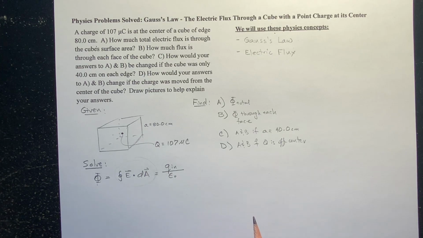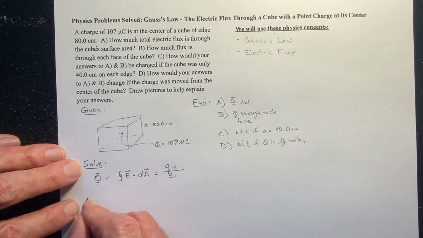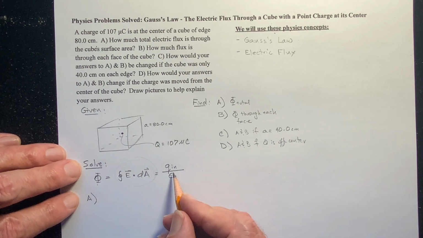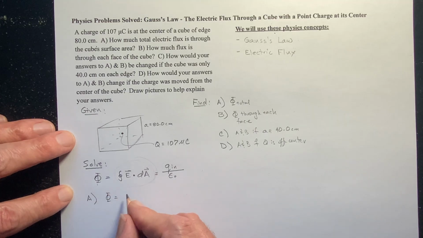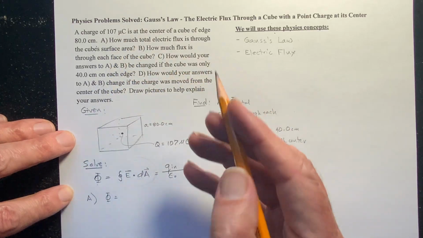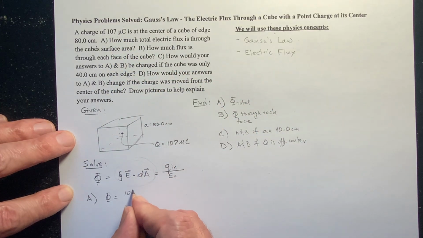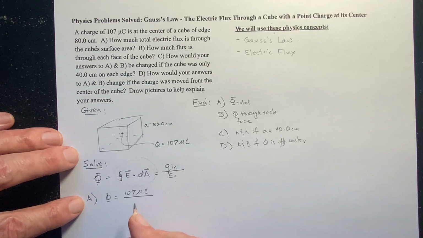So that's what we're going to do here for part A. The total flux out of that cube is just equal to the amount of charge inside, but we know what that is. That's 107 microcoulombs, and then we're going to divide it by epsilon naught.